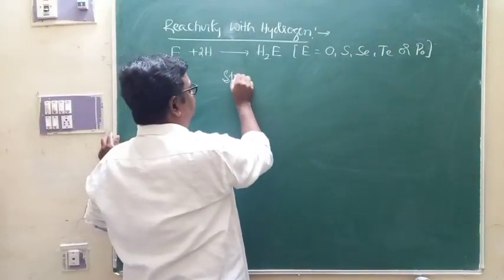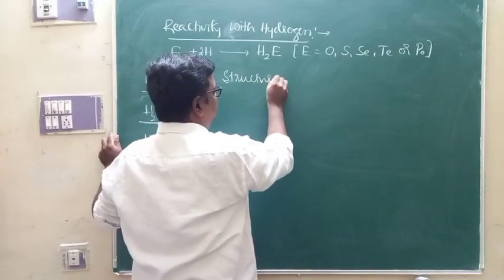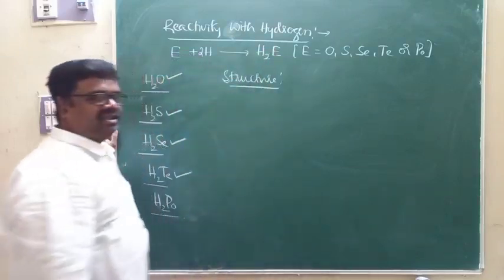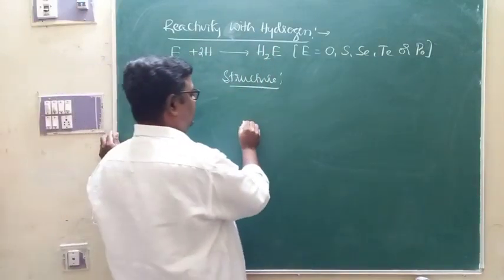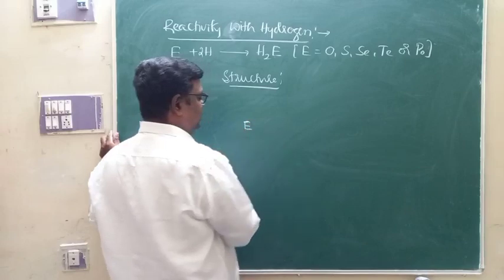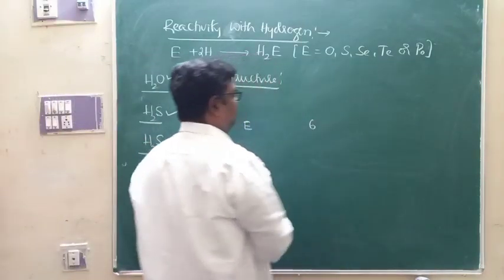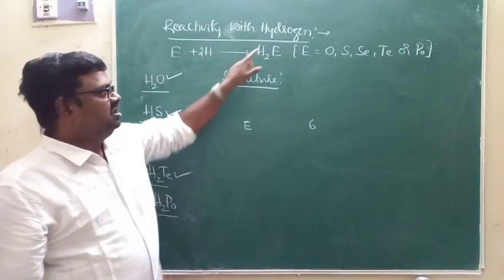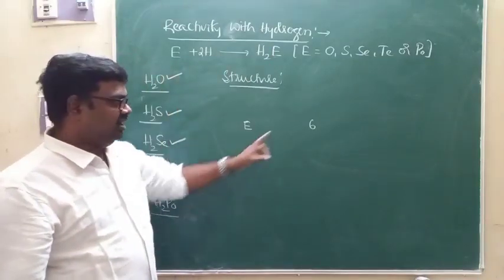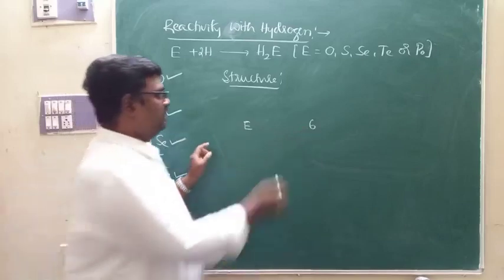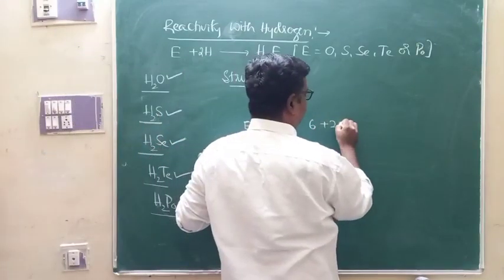And first you are supposed to study the structure of dihydride of group 16 elements. And if you look at this, E is a group 16 element. You know that group 16 elements are characterized by 6 valence electrons. ಯಾವುದೇ group 16 element ಇರಲಿ, ಅದರಲ್ಲಿ 6 valence electrons ಇರುತ್ತೆ. Hydrogen will contribute 2 electrons totally.